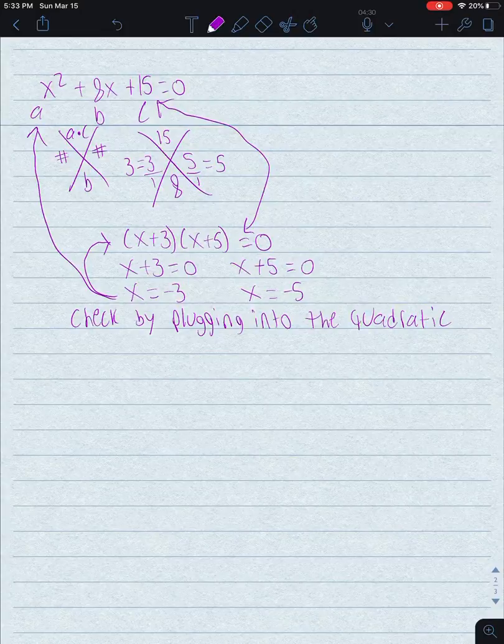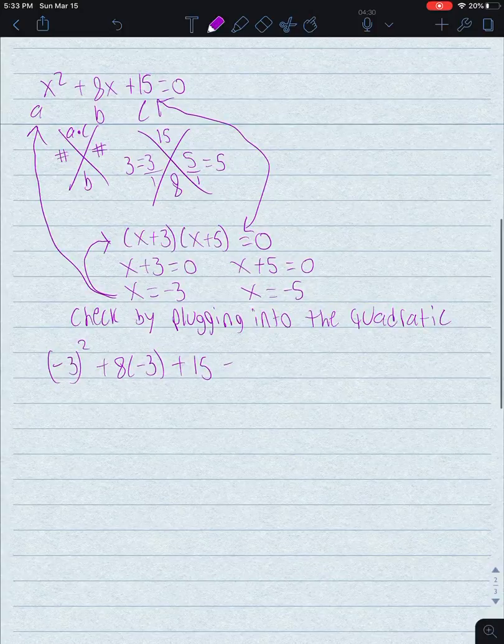I'll show you that it works either way. So x equals negative 3, let's plug that in to the original from the very start. It was, you plug in x and you square it, plus 8 times x, which is negative 3, plus 15. We want to make sure that this is equal to 0.